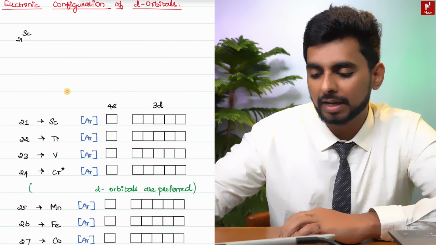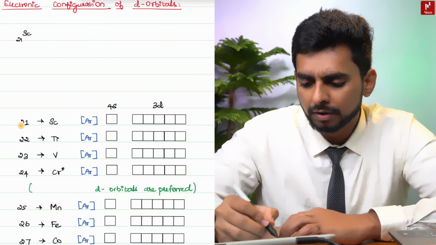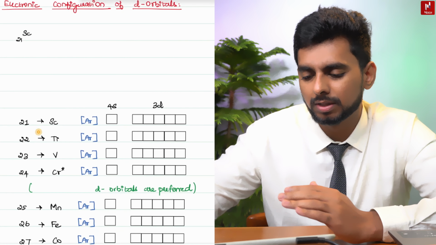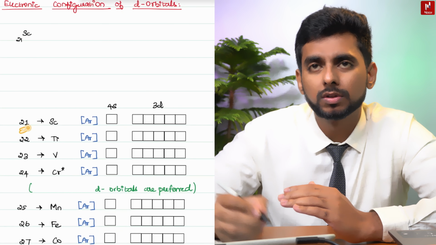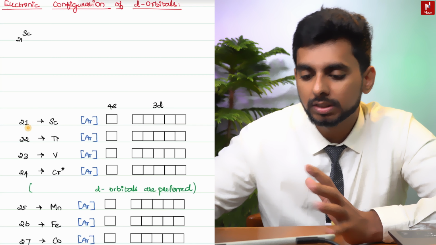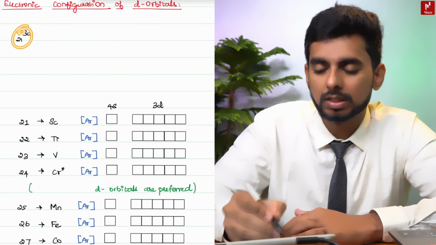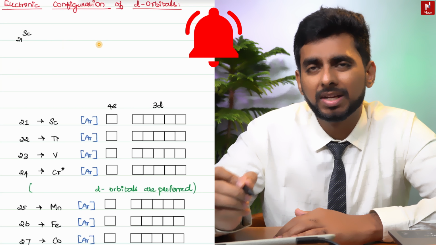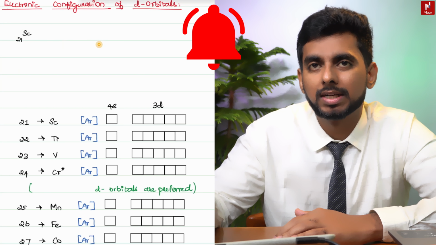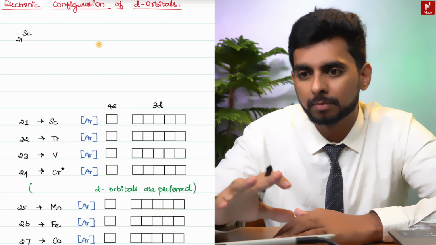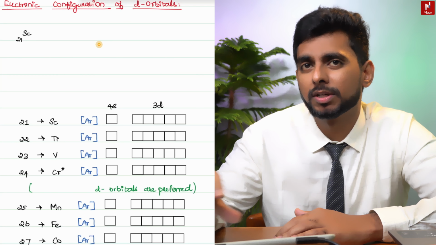So here I have taken elements from 21 to 30. The reason I took it from 21 is because this is when the filling of the d orbital will begin. First, let me write it for scandium, which has the atomic number of 21. In the next chapter, which will be classification of elements and periodicity of properties, we will learn multiple elements and the periodic arrangement of the elements.